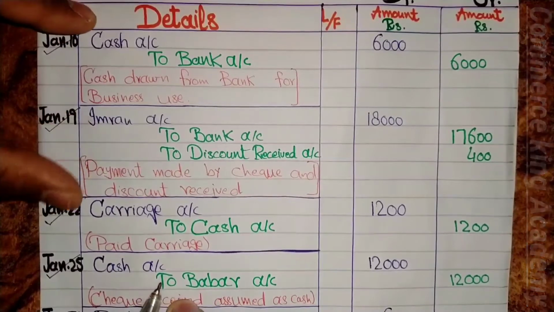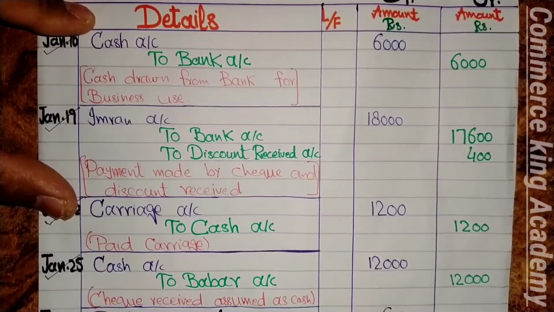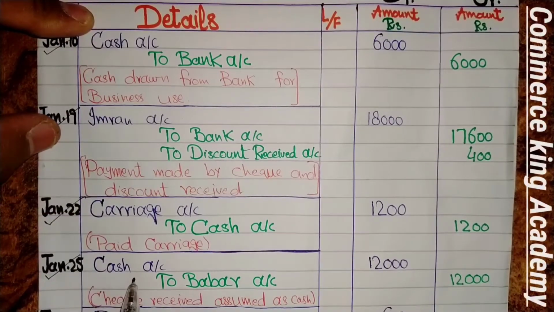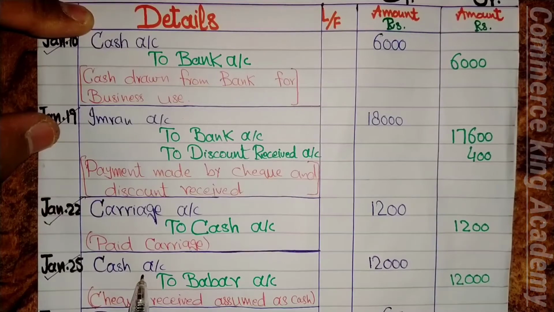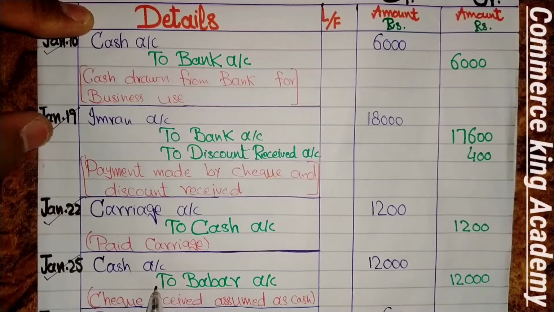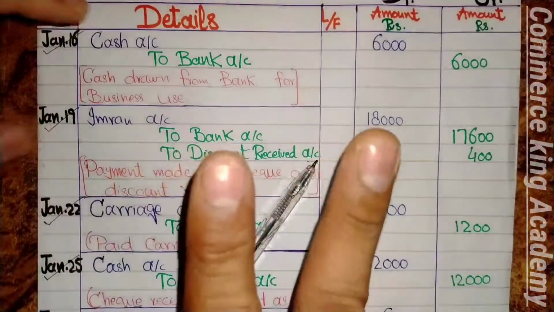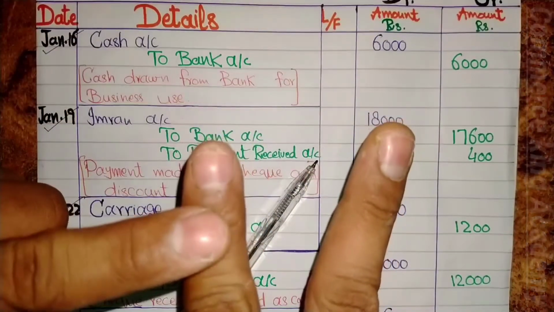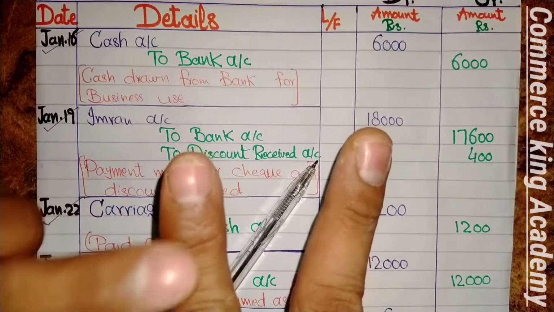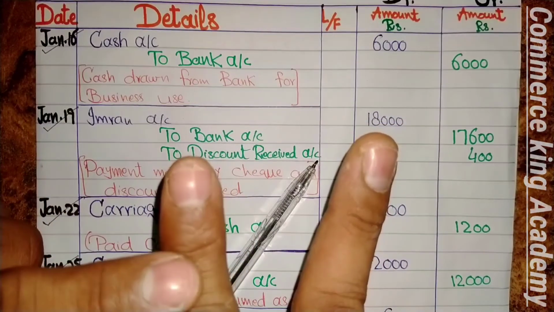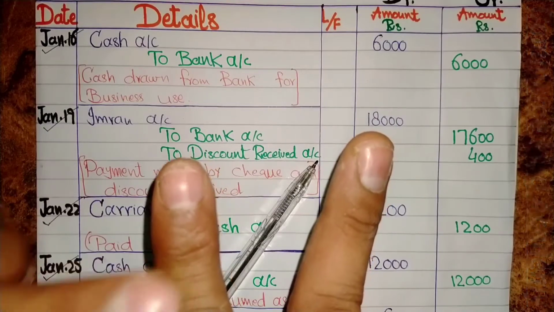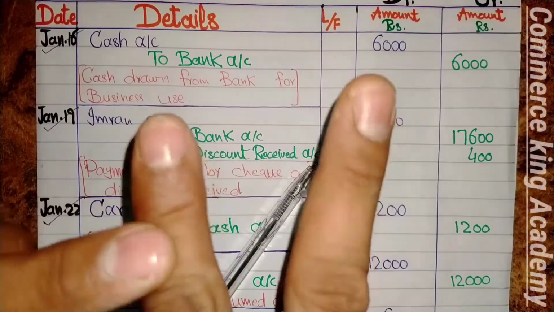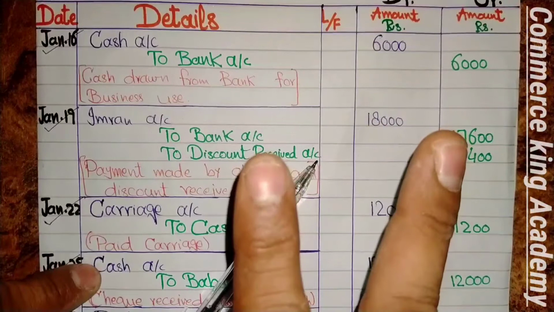Understand the reason why a check received is entered in the journal entry as cash. There may be two reasons. First, the check is received and not deposited by the business into the bank account on the same date, held on, and considered as an asset or cash for the business, making the entry cash account to Babar account.